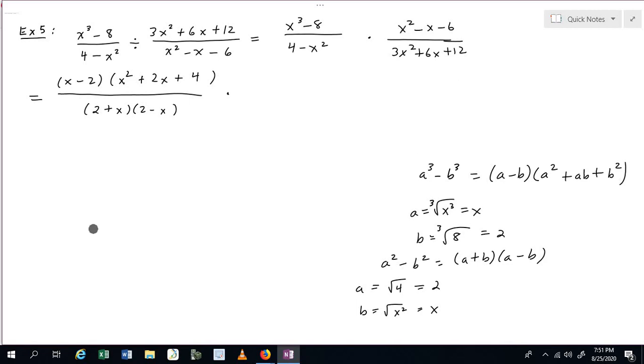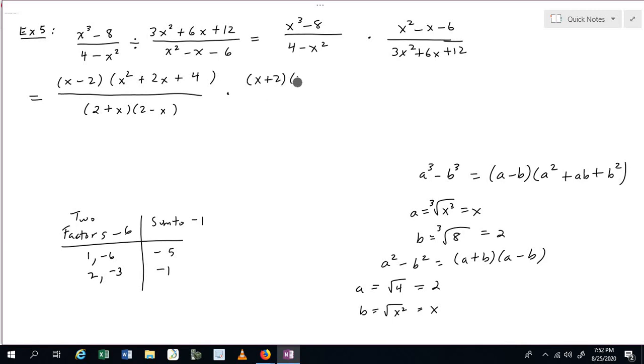We just need to look at the 2 factors of -6 that sum up to -1, which is the middle term. 1 and -6 add up to -5. 2 and -3 add up to -1, and that's what we want. So this factors into x plus 2 times x minus 3.